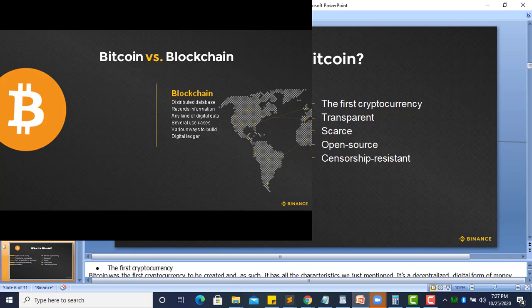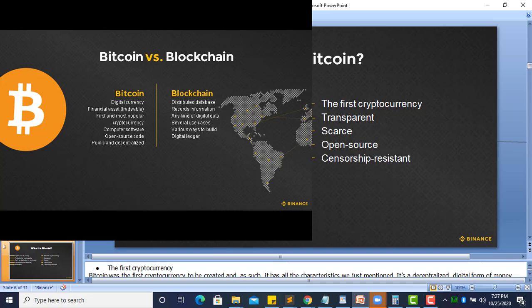So Bitcoin versus blockchain. Blockchain is a distributed database that records information, any kind of digital data, with several use cases and various ways to build a digital ledger. That is all about blockchain. Then Bitcoin is a digital currency, a financial asset. It can be traded. It is the first and most popular.